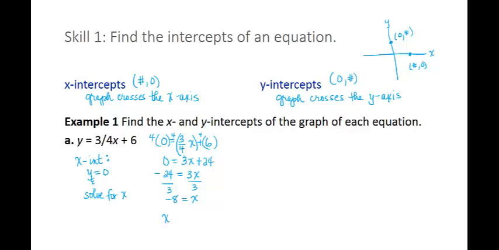This tells us the x-intercept is the point (negative 8, 0). Now to find the y-intercept, we let x be 0 and solve for y.